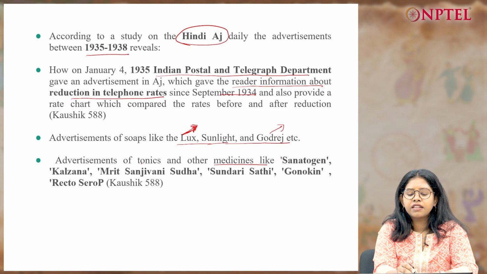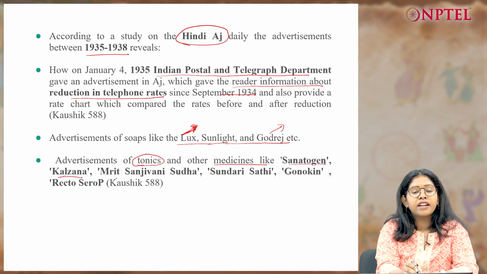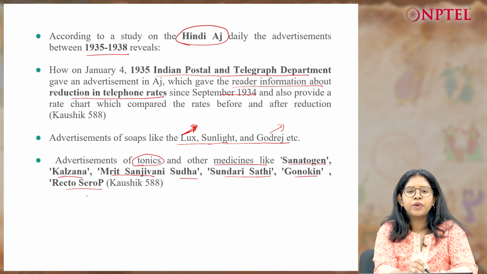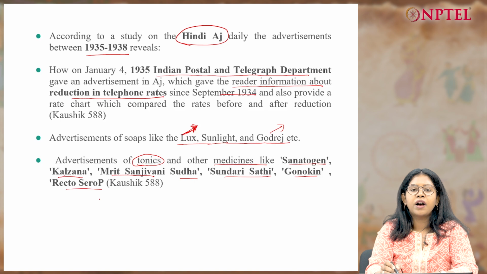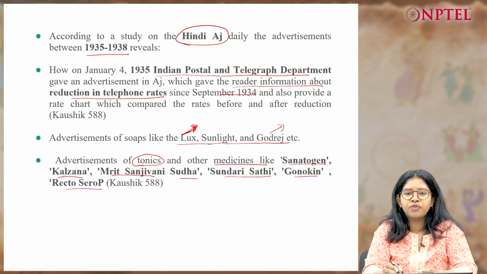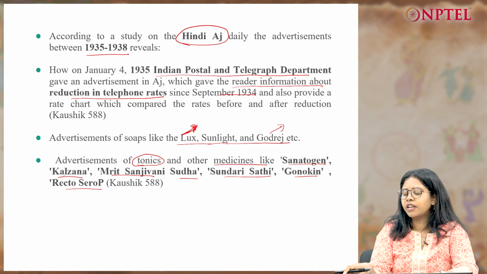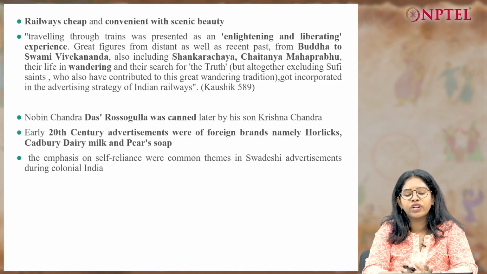They were actually tonics, and the names go as follows: Santogen, Kalzana, Mrit Sanjeevani, Sudha, Sundari Sathi, Gonokin and Recto Serpo P. So most of them are very indigenous kind of names except a few, and they are associating it with how indigenous the tonics were.